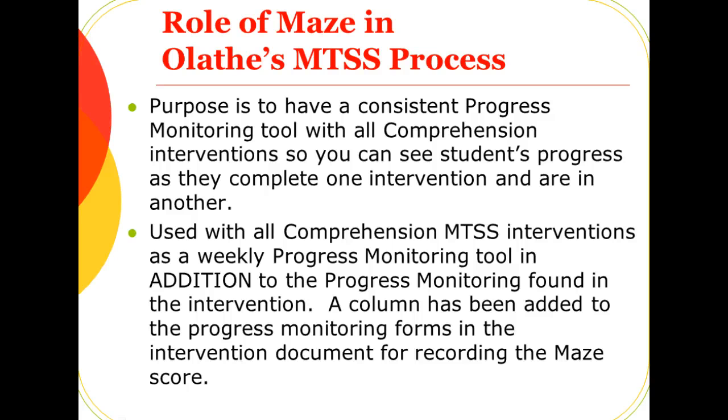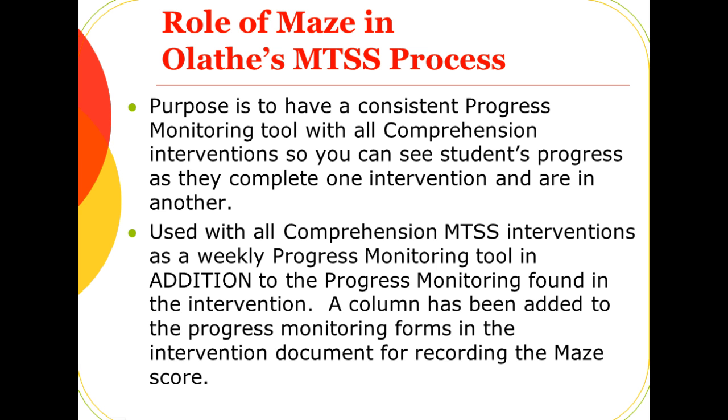And so with this, you're going to use the Maze with all of the comprehension MTSS interventions, and you're going to use it as a weekly progress monitoring tool in addition to the progress monitoring tool that's found in the intervention.